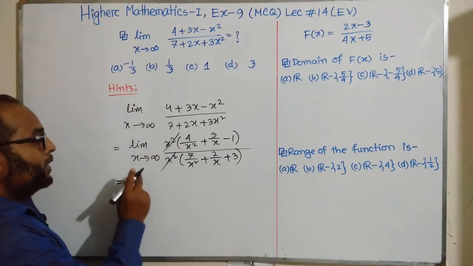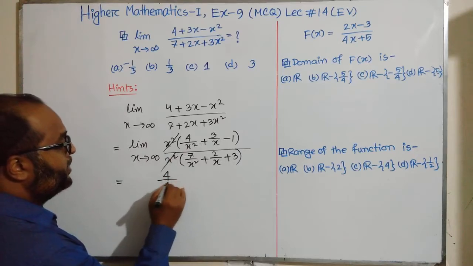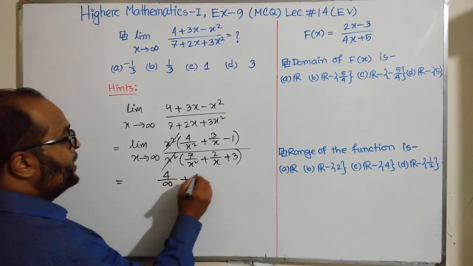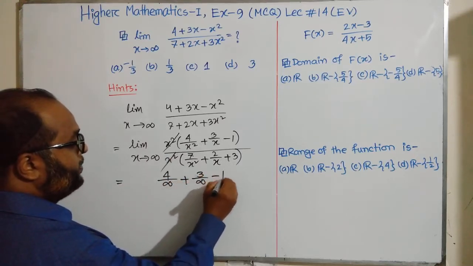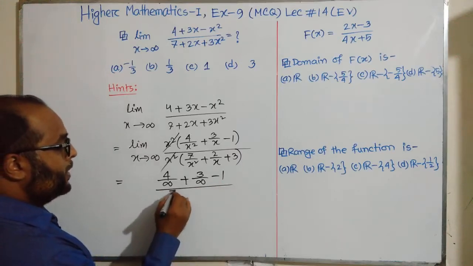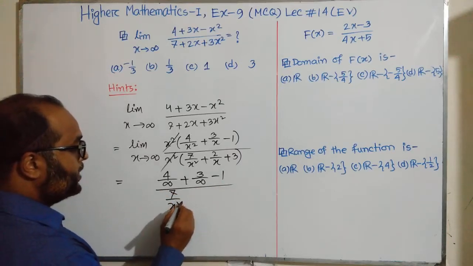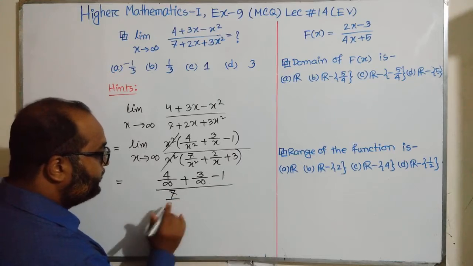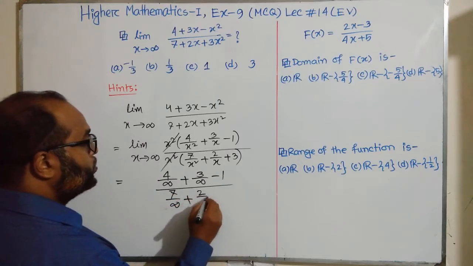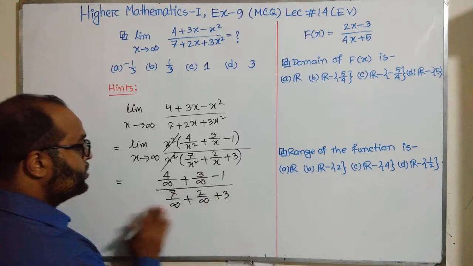Now we put the limit x equal infinity, the plus 3 by infinity minus 1 divided by 7 by x square, that means infinity, plus 2 by infinity plus 3.